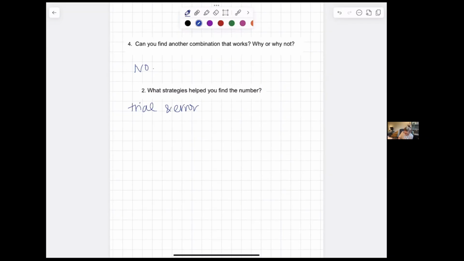Trial and error is a great strategy, and it might have gotten you one or even both of these solutions, or two or three if there are three, right? But if we wanted to know that there are no other solutions, it's going to take a while to test every single one.